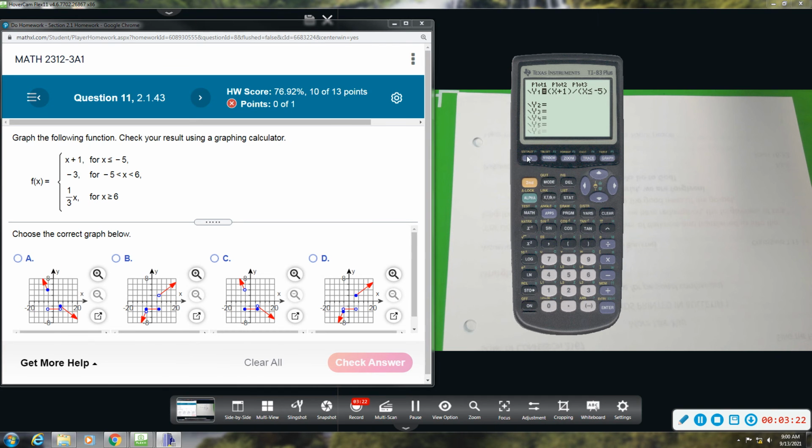If I go to y equal, I'm going to go down to y2, and I'm going to graph the next part. So which is -3, which I'm always graphing in parentheses when I'm doing piecewise and giving restrictions. Divided by, and then I'm going to open parentheses. Now you can't do a double-sided, you have to do one at a time. So I'm going to do -5, and then I'm going to do less than x.